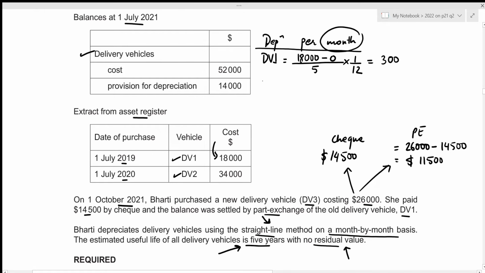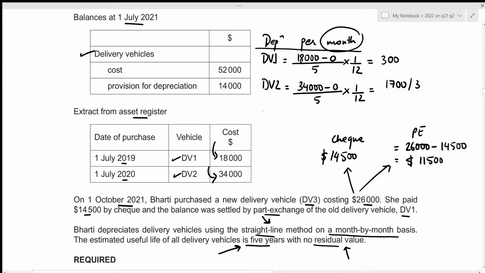Now we repeat the same process for delivery vehicle 2. We have our cost to be 34,000, so that's going to be 34,000 minus the residual value of 0 divided by our estimated useful life of 5. And since we're trying to figure out the depreciation per month, we're again going to divide it by 12. This gives the depreciation charge per month for delivery vehicle 2 to have the value of 1,700 by 3.